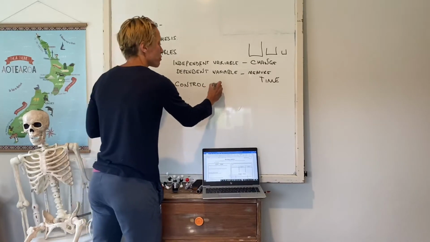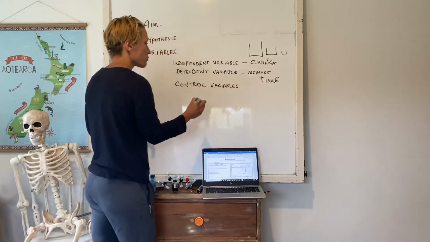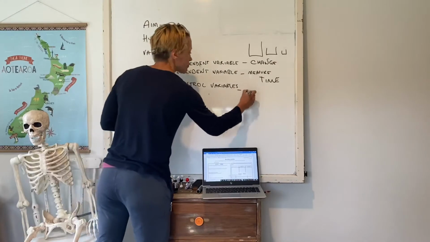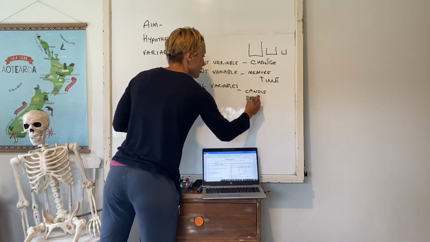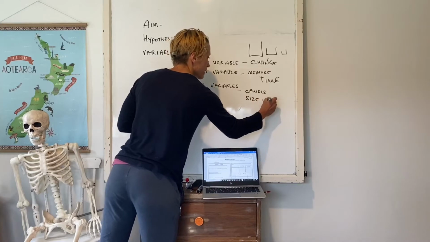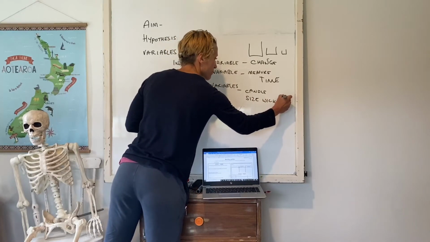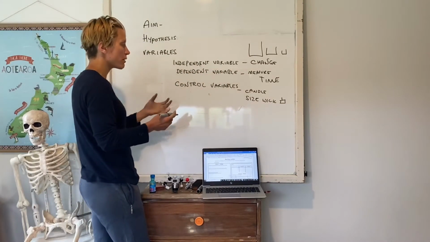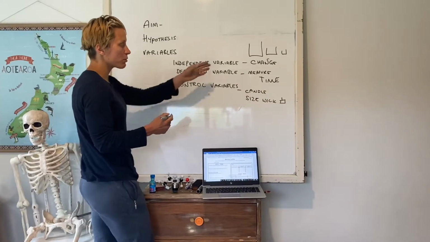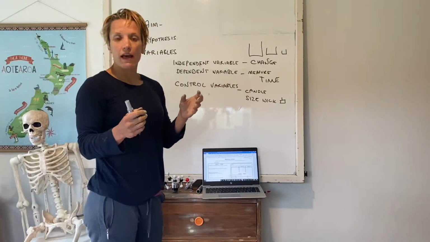Then the things you're going to control are called your control variables, and they're the things you keep the same. To keep things the same, we said we need to use the same candle and the same size wick. The wick is the stringy bit that comes off, that bit. We said that because we're doing it 3 times, we need to replenish the air inside the beaker.